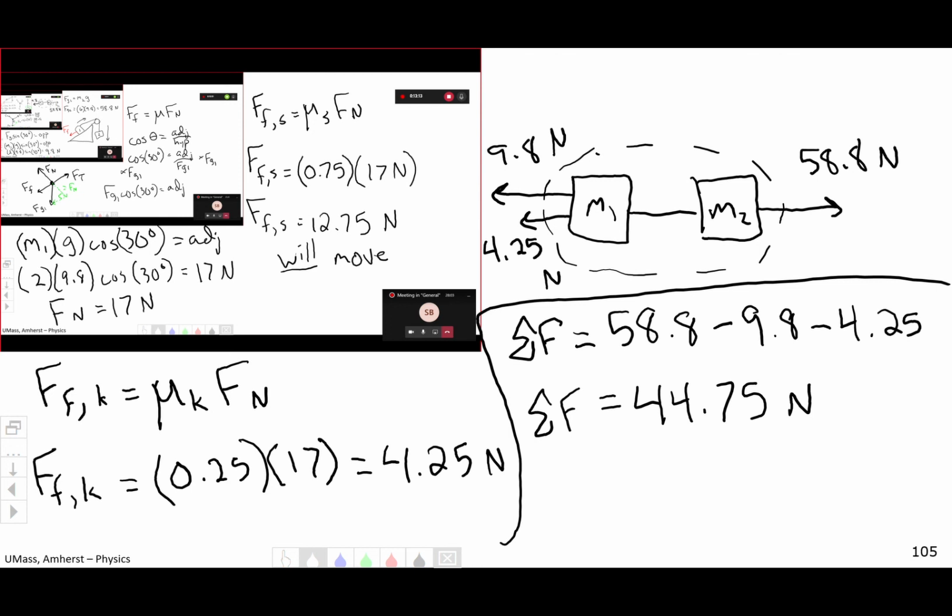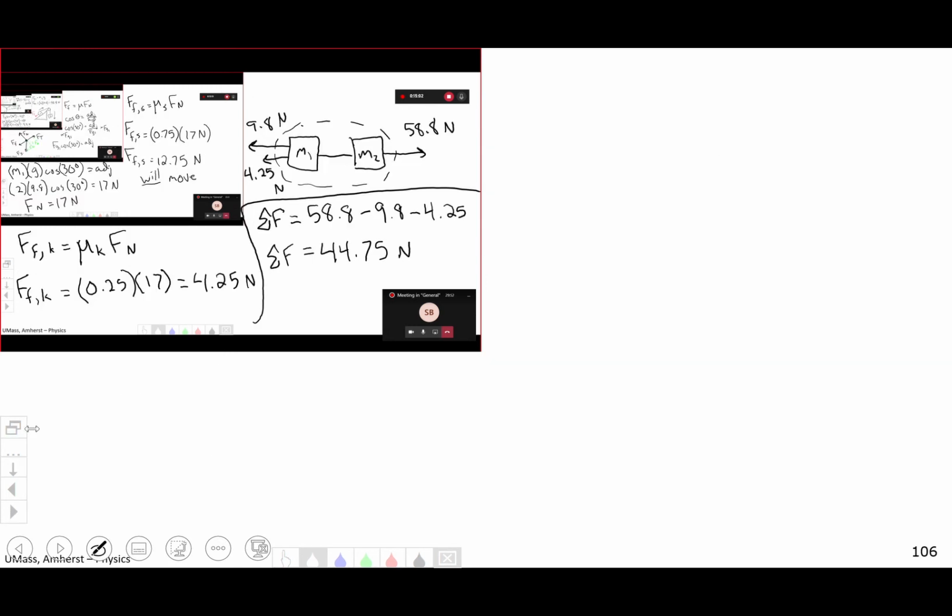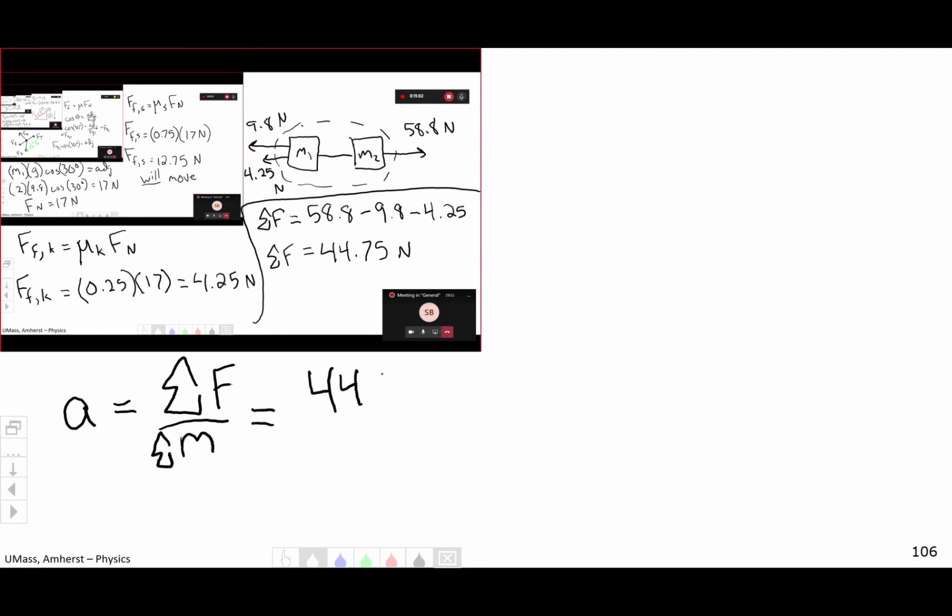So our last step would be, again, our goal here is to calculate the acceleration. So our acceleration is going to be the sum of the forces over the mass. In this case, it's the sum of the masses, since that force is trying to move two objects at the same time.